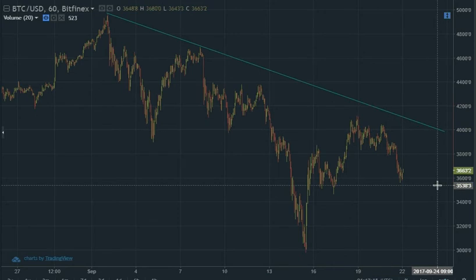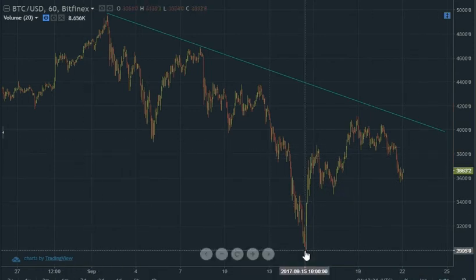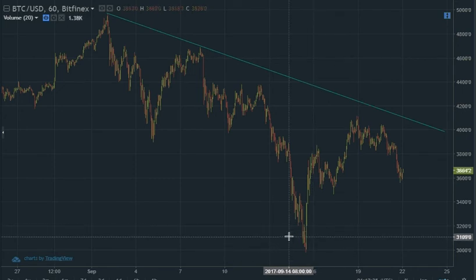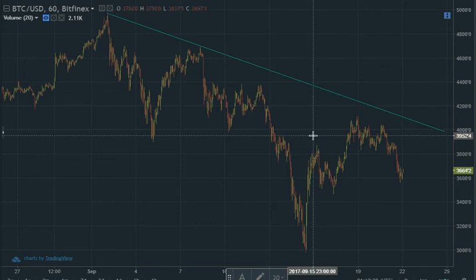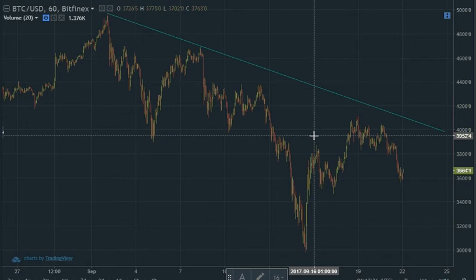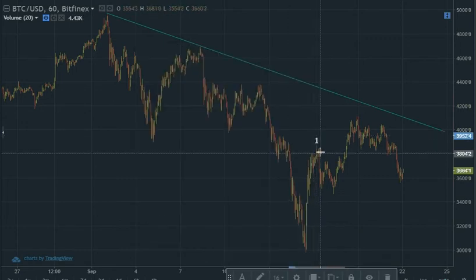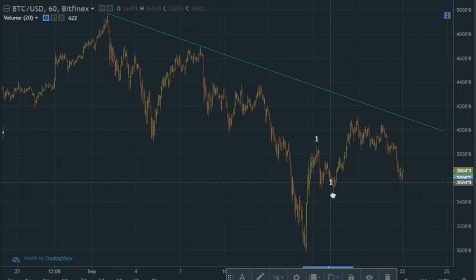So let me just take you through the process that I'm looking at. So we said that this was here a wave one, and we had called this wave two.